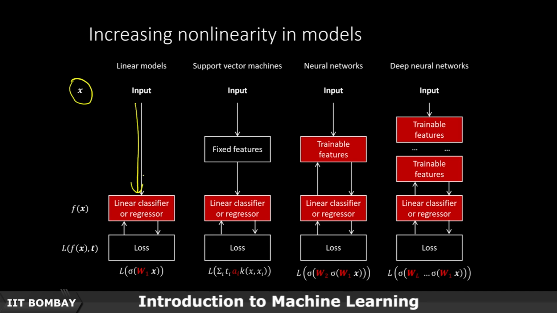But if it is a classification problem, then we might send it to a pseudo step function or the sigmoid function, and the output of the sigmoid function we will interpret as either a class 0 or a class 1, or a combination thereof of multiple class 0s and class 1s for multi-class classification.